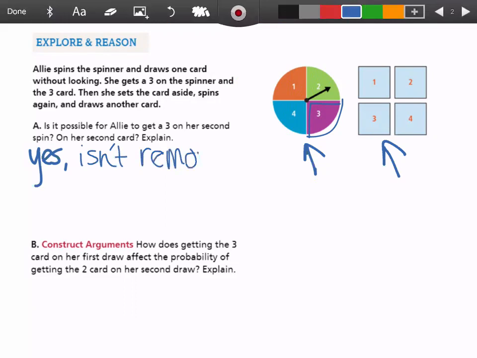It's not removed. On her second card, can she get a 3 again on the second card that she pulls? In this case, no, because the number 3 card was set aside.